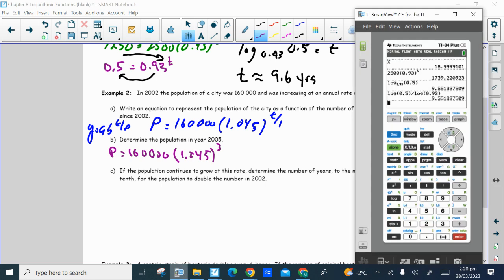And once again, we can put this in our calculator in one step. And the population is 182,586.